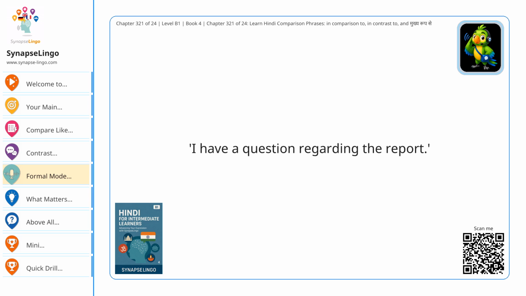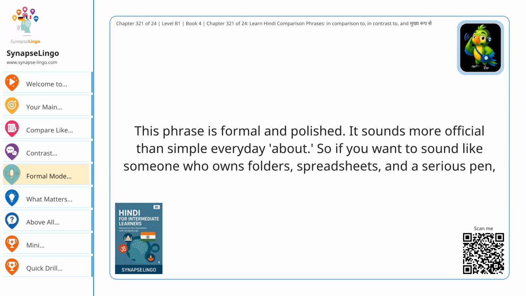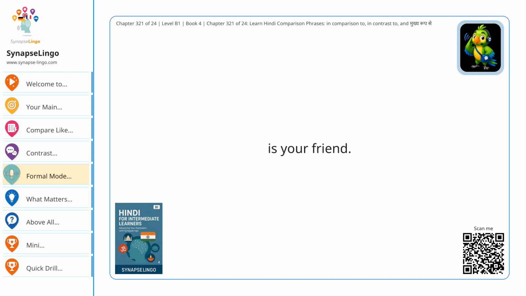I have a question regarding the report. With regard to your email, I will reply tomorrow. This phrase is formal and polished. It sounds more official than simple, everyday "about." So if you want to sound like someone who owns folders, spreadsheets, and a serious pen, के संबंध में is your friend.